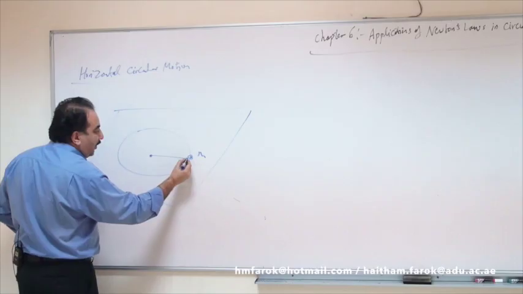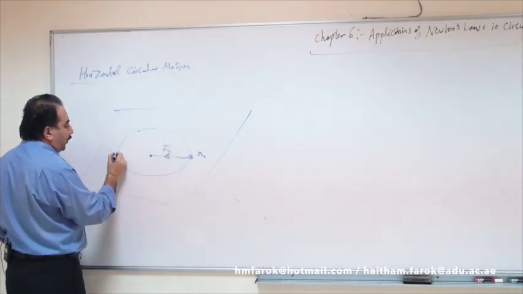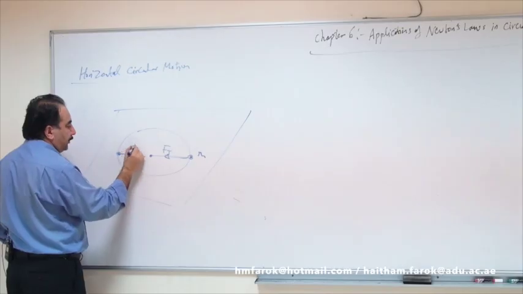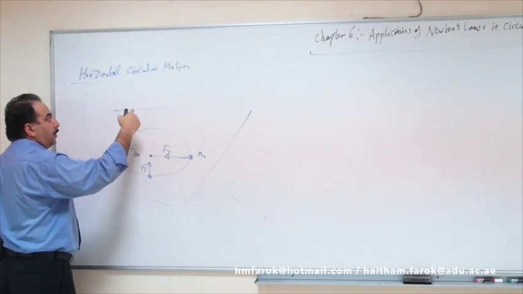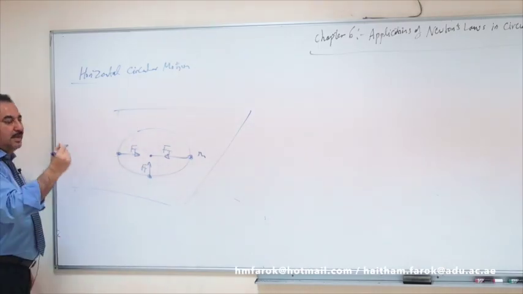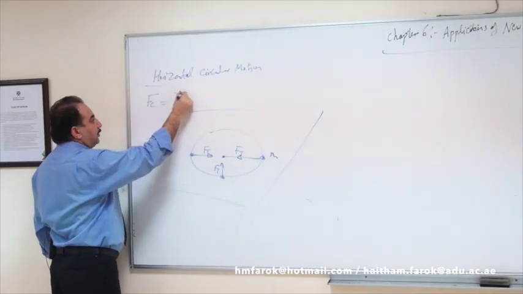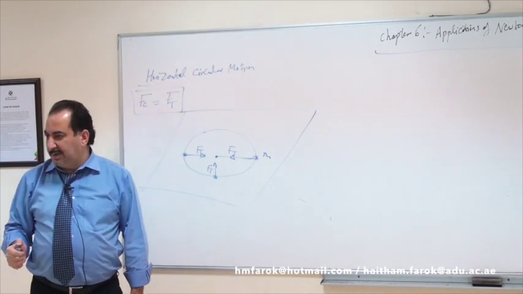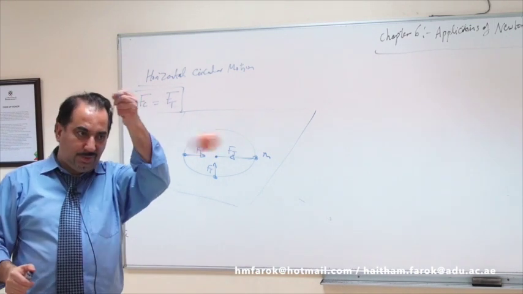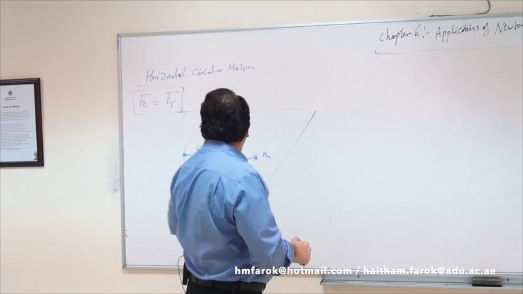So here I have the tension towards the center, Ft, at any point. So when I have tension horizontal, I can say that Fc equals the force of tension. This is an example of a circular motion, horizontal circular motion.